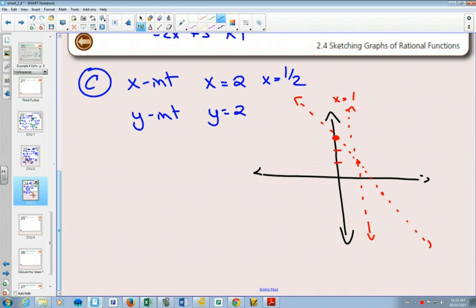We know that our y-intercept is at 2. And we know that our x-intercepts are at 2 and 1/2. Labeling those points. And we're going to label our oblique asymptote.